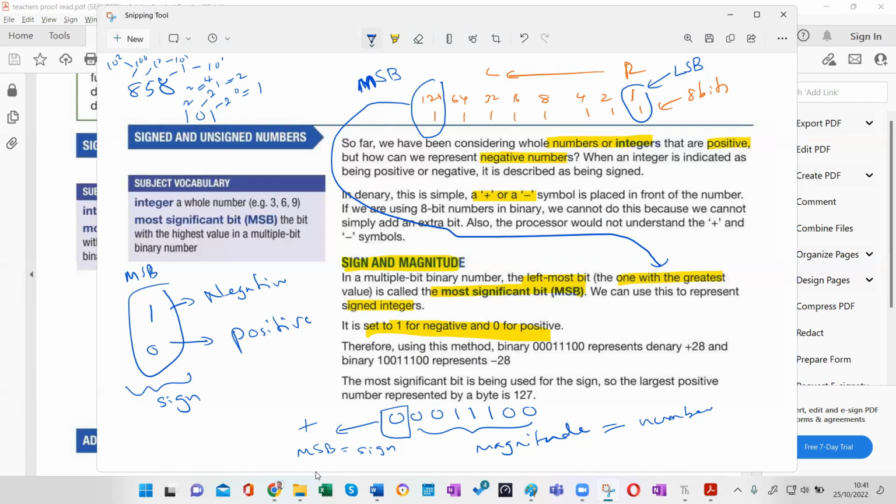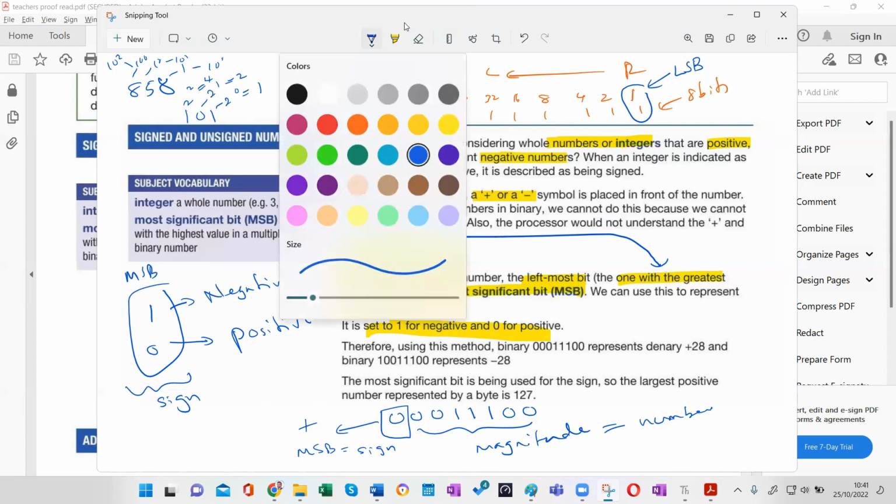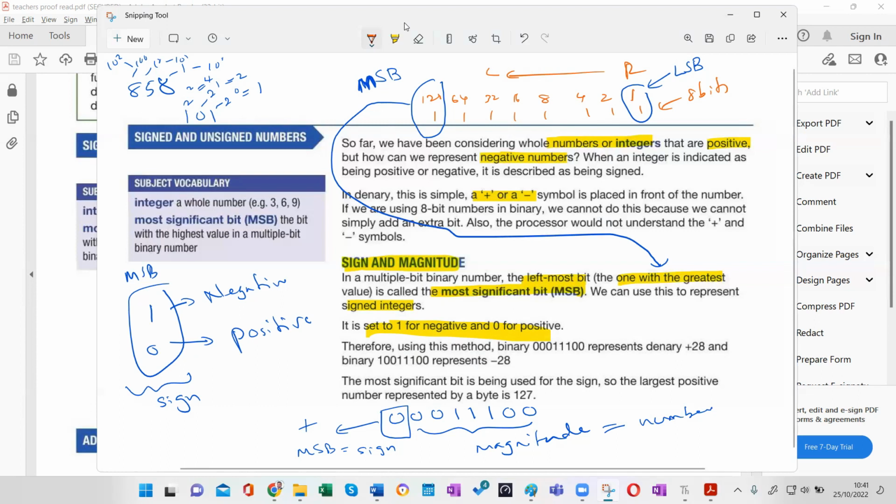Okay, now take a look at this number. It is a positive number because the sign bit is 0. And what does it represent? They say it's 28. Let's see whether it's 28. How do you convert this binary number to denary? Write the positional values: 1, 2, 4, 8, 16, 32, 64.